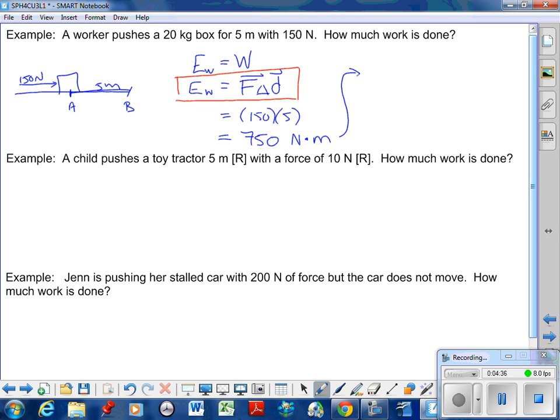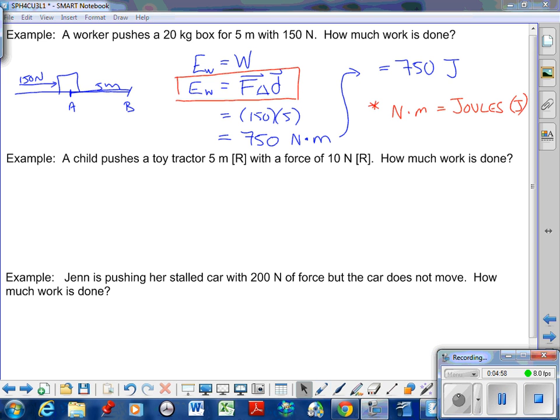So, just moving up here, we call that 750 joules. All right, so I'm kind of putting everything on this page right here. So newton meters is equal to joules. And we use capital J. All right, so there you go.